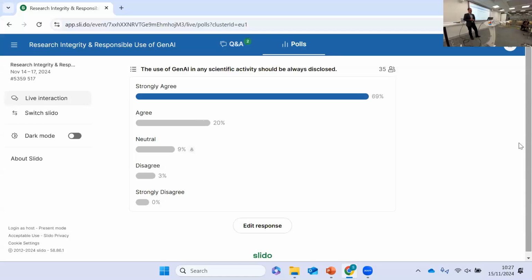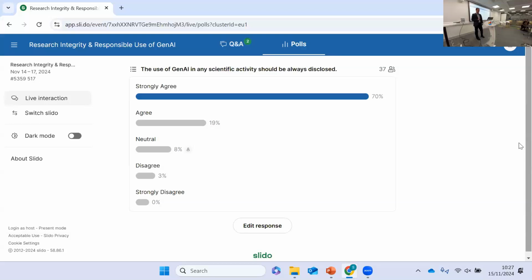So it seems that majority of people here agree, or even strongly agree, that any use of AI in scientific activity should be always disclosed. I deliberately put this extreme statement, like any use and always disclosed. Okay, so let's move to the next question.